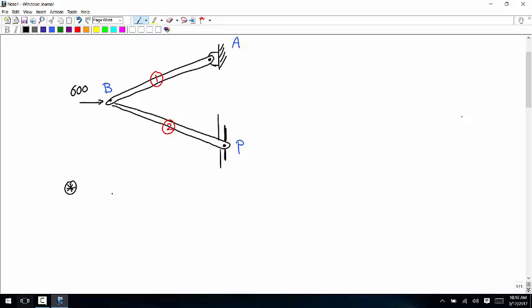So the first one is 1.03 F12x minus 2.81 F12y minus 30 alpha 1.